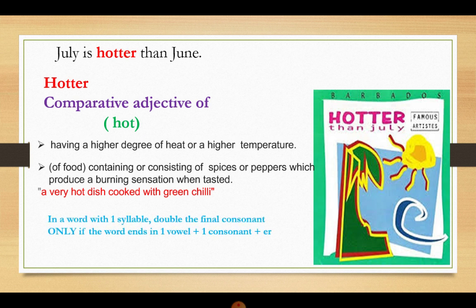Exactly, my dear. In a word, if we have one syllable, what does it mean, syllable? We mentioned this previously. Exactly. Syllable means part. And as we said before, we have different types of words. Some words with one syllable. So if you clap your hand while saying it, you will clap only one time. Hot.